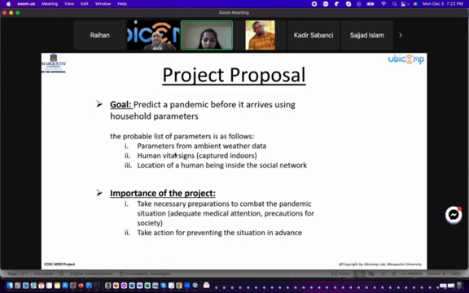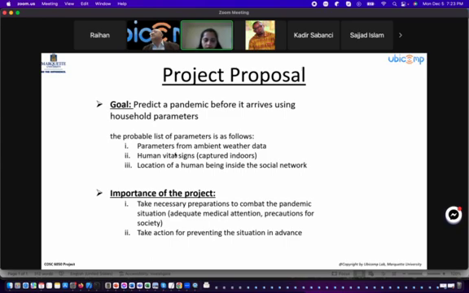So we actually use three kinds of data here: parameters from ambient weather and human vital signs, and the location of the human in a community setup, like where the human is actually located in a city or in a network.